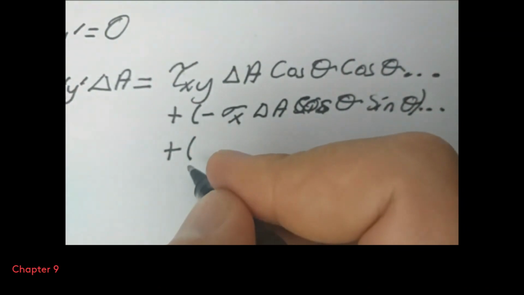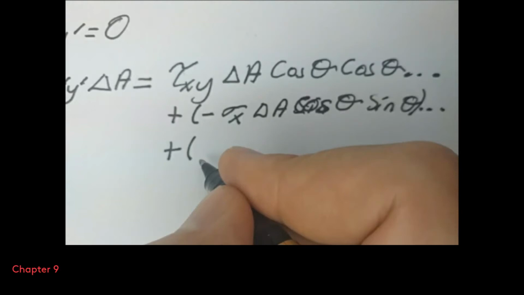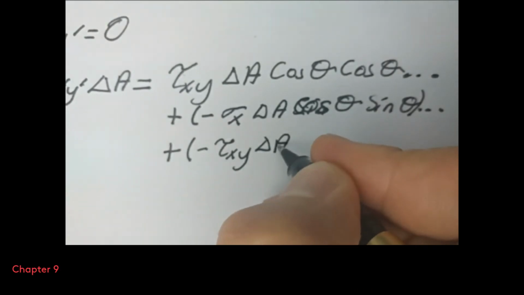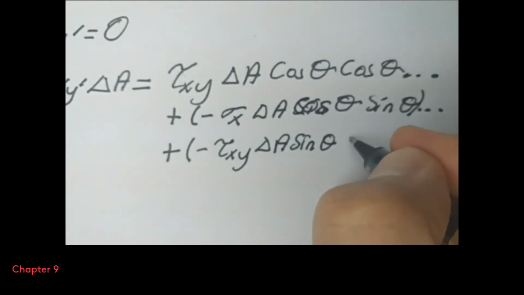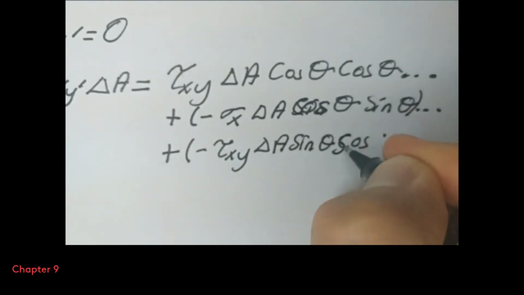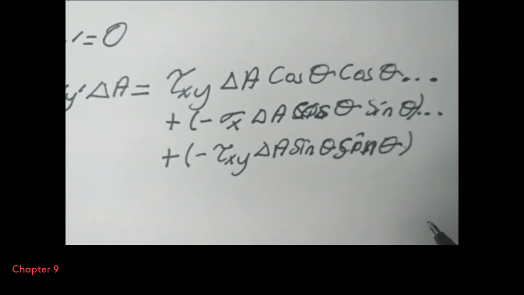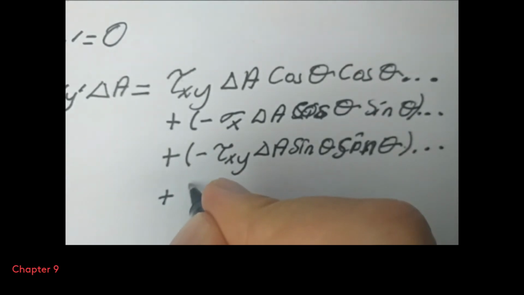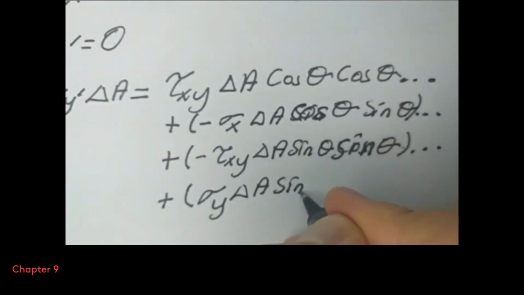In fact, it is negative tau xy delta A multiplied by sine theta, this is the area, multiplied by sine theta, okay, and the last one is plus sigma y delta A sine theta multiplied by cosine theta.